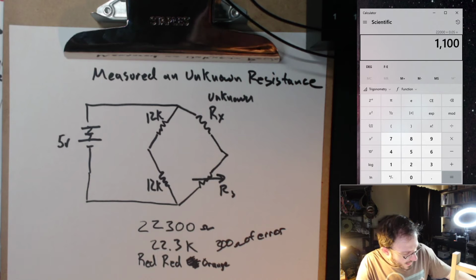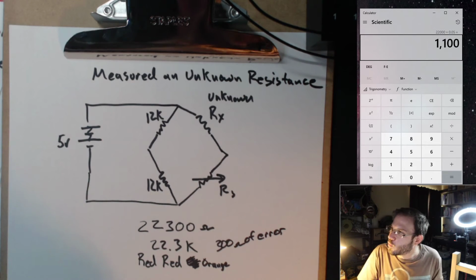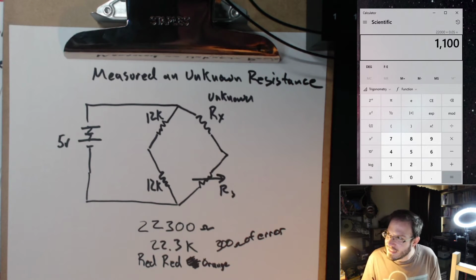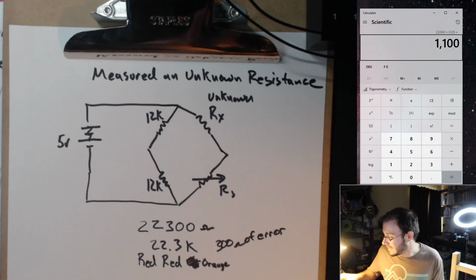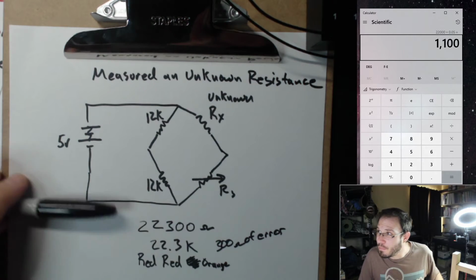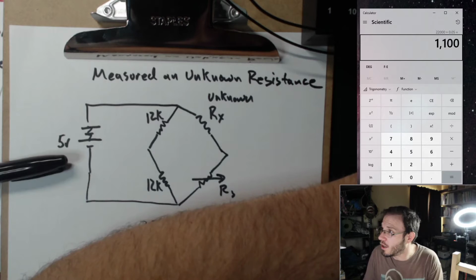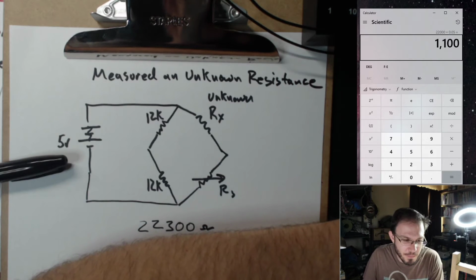Now, what I didn't tell you was this Wheatstone bridge was invented in the 1800s. And in the 1800s, they did not have nice multimeters that could measure resistance. In fact, let me pull up a quote-unquote multimeter from this era.